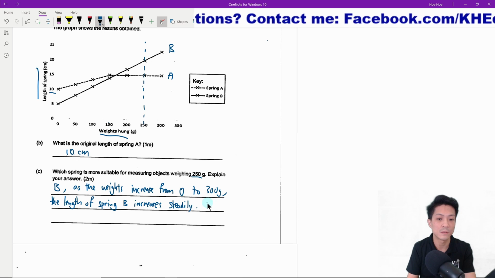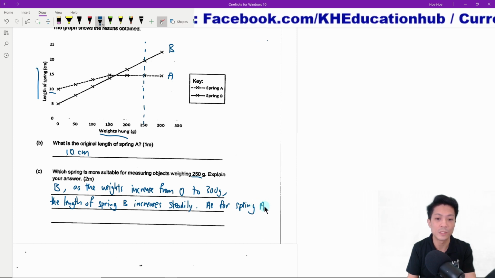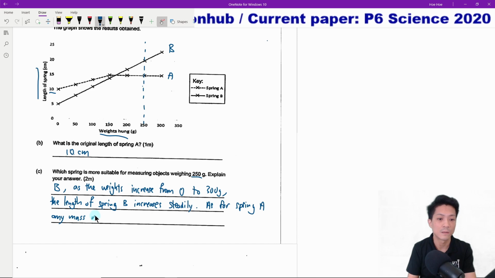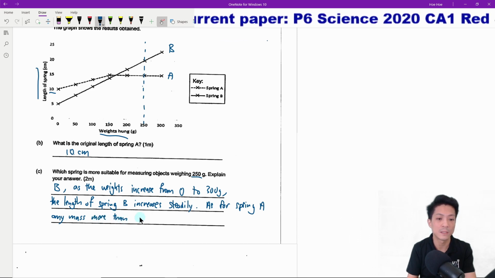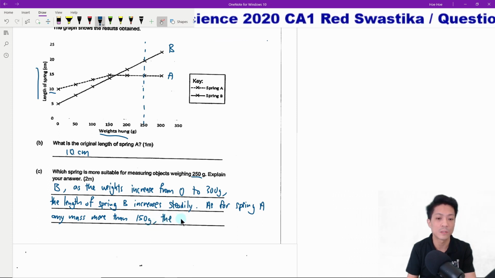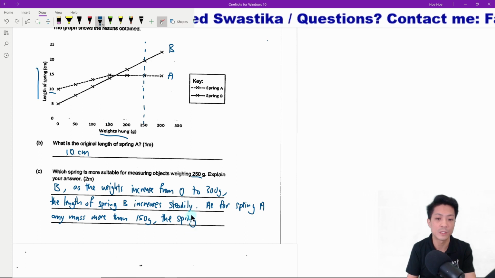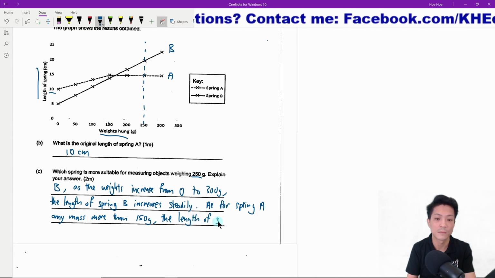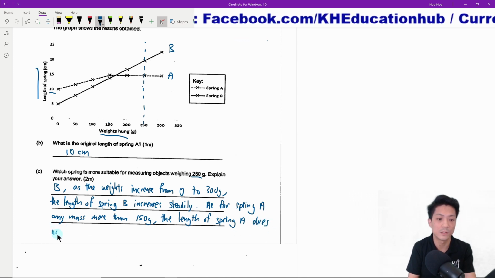As for spring A, any mass more than 150 gram, the length of spring A does not increase anymore.